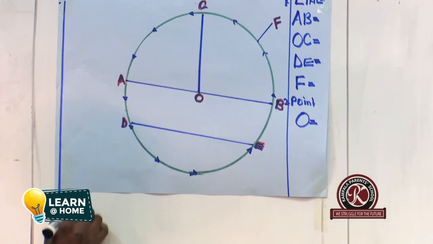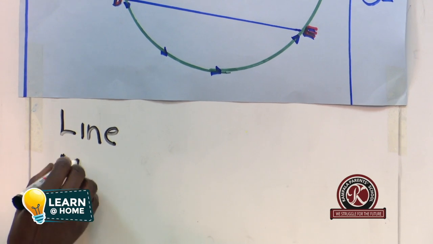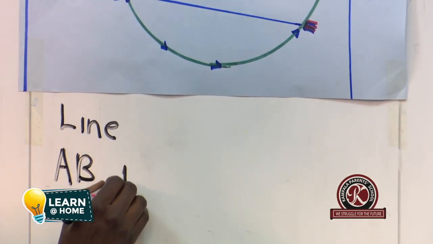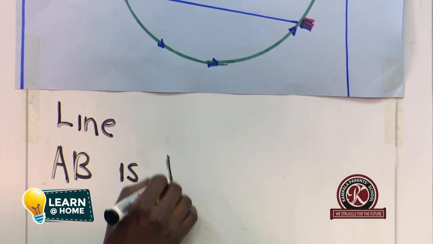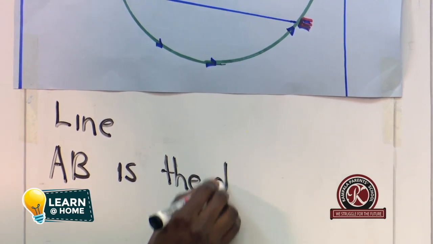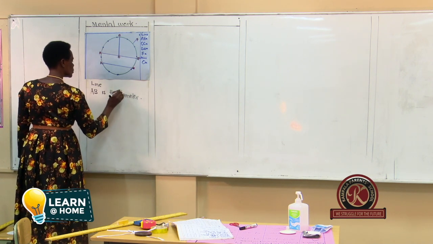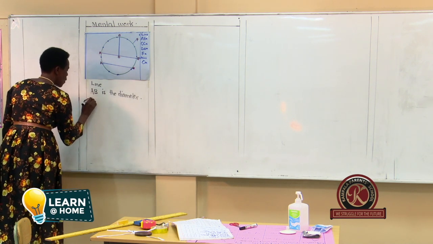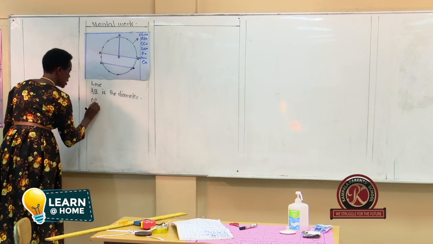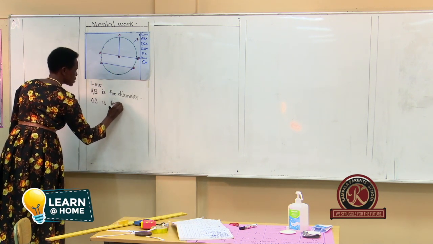So we are saying line AB is the diameter. Line OC is the radius.